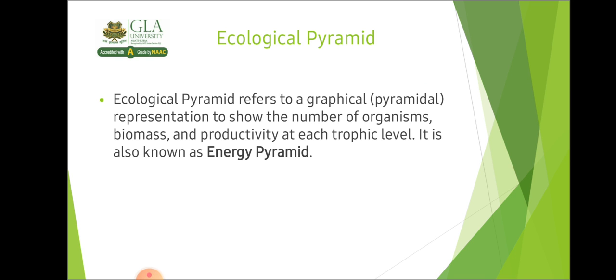They actually form the first trophic level. Just as in a food chain, in the ecological pyramid also, primary consumers occupy the next level. This is because primary consumers consume producers. Similarly, secondary consumers occupy the third level. And then the tertiary consumers occupy the next level, and so on.